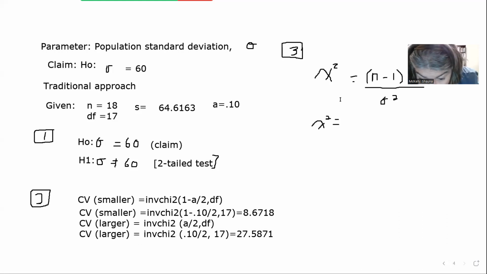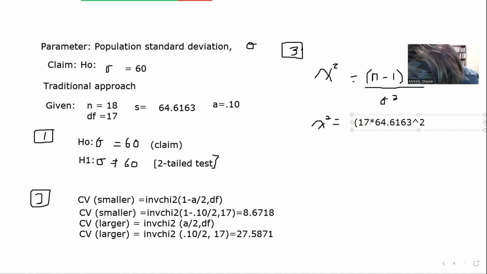So we have 17 times, I'm going to use the star in my calculation here, S we got from the calculator before, 64.6163 squared.